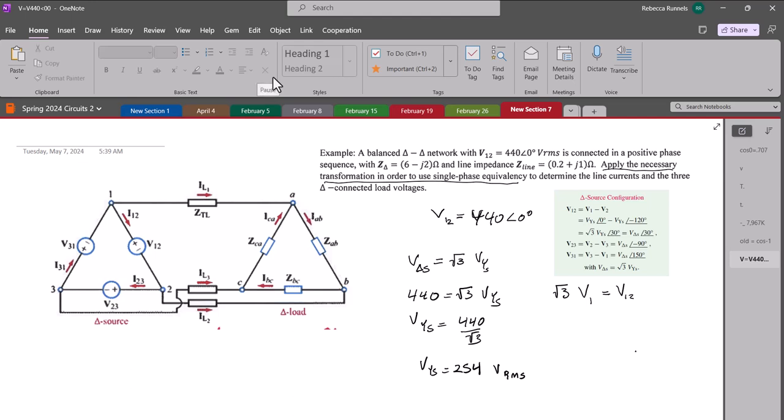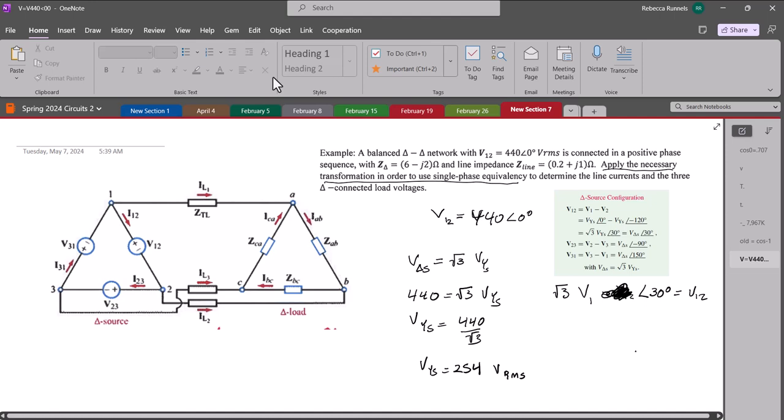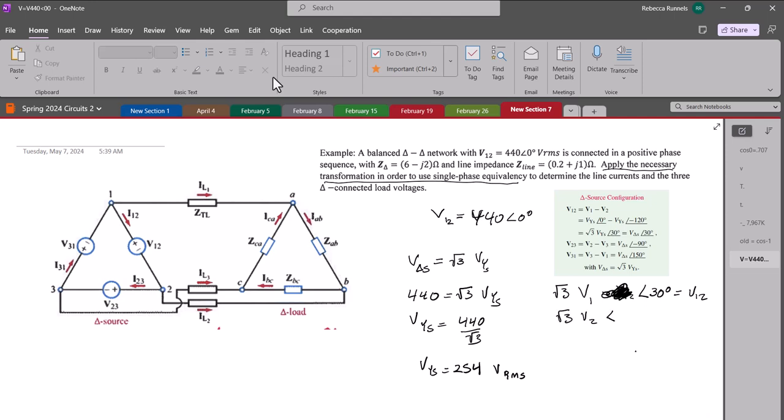Square root of 3 V1 angle 30 degrees equals V12. Square root of 3 V2 angle negative 90 degrees equals V23, and square root of 3 V3 angle 150 degrees equals V31.